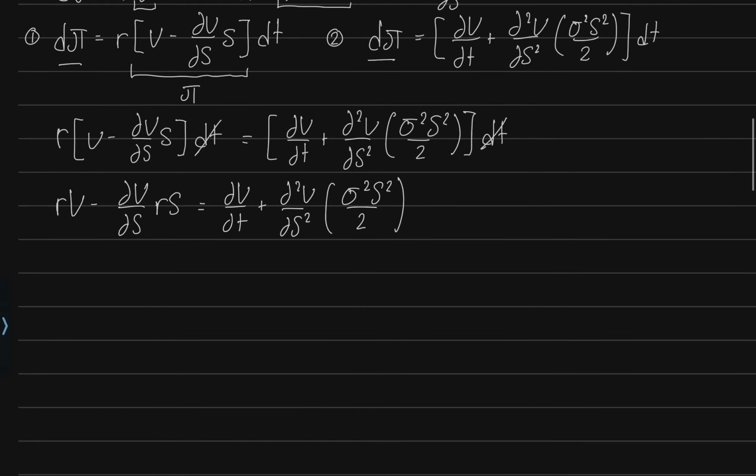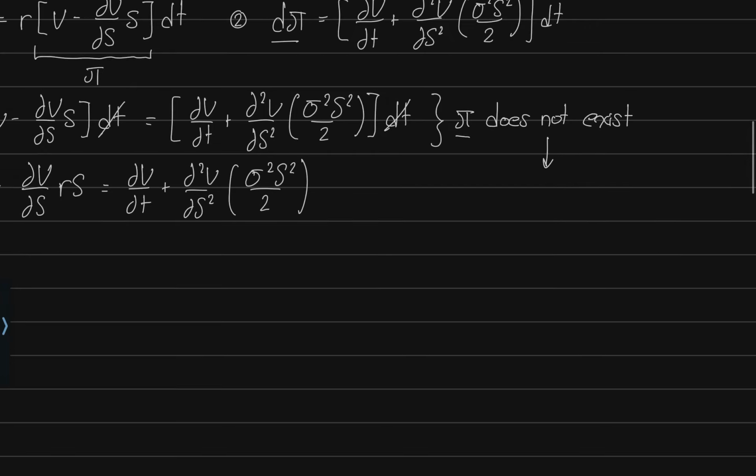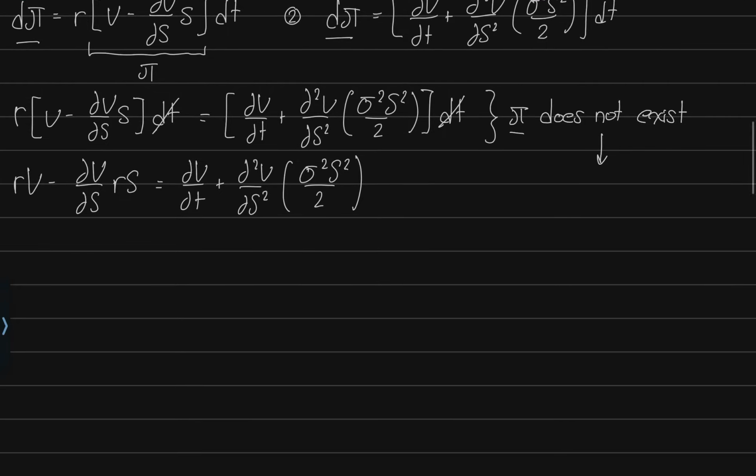And one point that I want to make over here, pi does not exist in this expression. And when we keep going with this derivation, pi still will not exist. So that's what we were trying to do in the first place, so it works out.